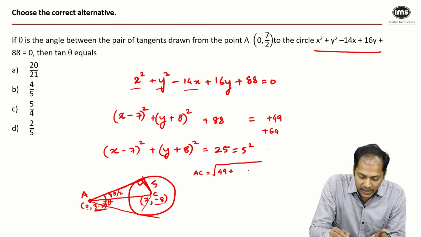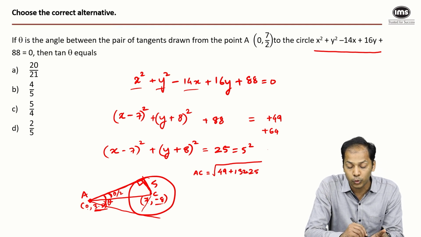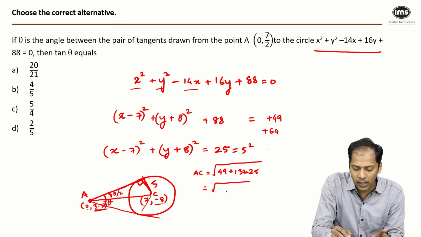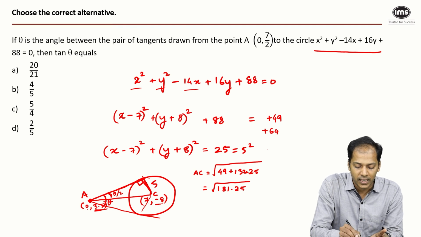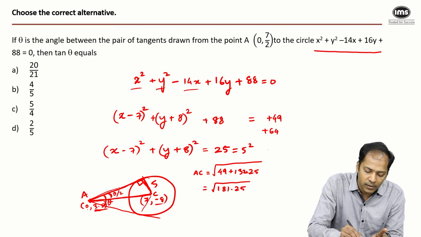So 11.5 square would end in 0.25 and 11 into 12, that is 132, so 132.25. And that would come out to be, AC would come out to be under root of 181.25.